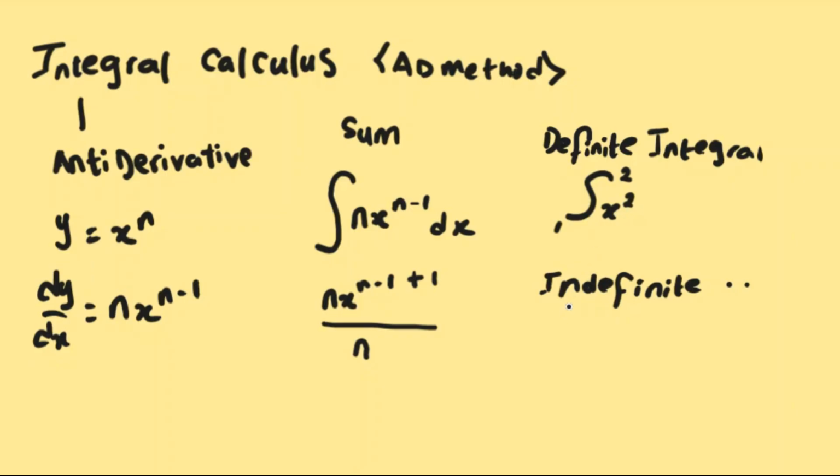But for an indefinite integral, you're not going to have a lower boundary or an upper boundary. They just give you the integral of x raised to the power of 2 dx. Don't forget, this is also with respect to x, which is dx. So in this form, there is no lower boundary and no upper boundary.